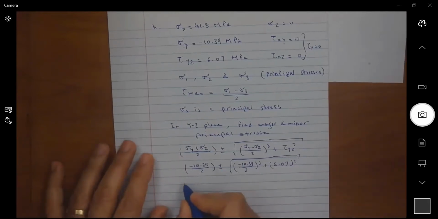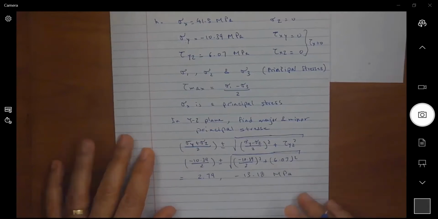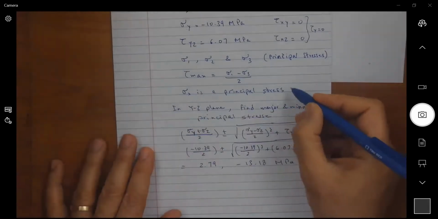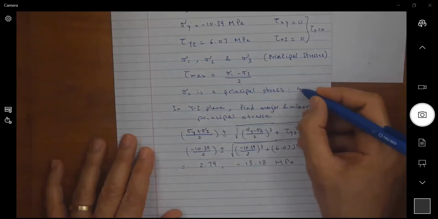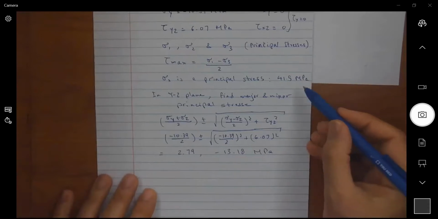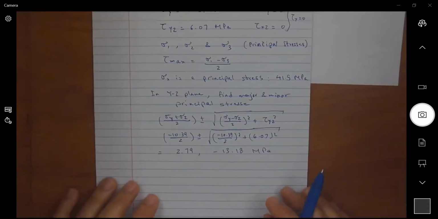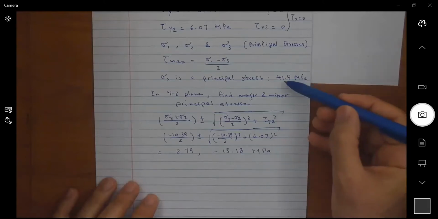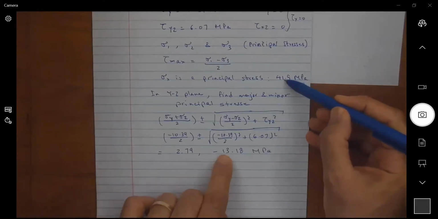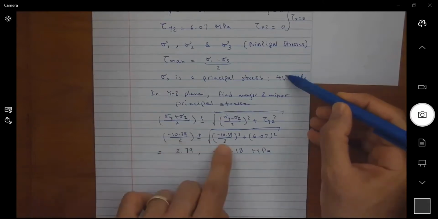When I do my numbers, this is equal to 2.79 and minus 13.18 megapascals. Now, clearly, sigma x is a principal stress and is equal to 41.5 megapascal, I have 2.79, and I have minus 13.18. So this is sigma 1, sigma 2, and sigma 3, because sigma 1 is greater than sigma 2, and sigma 2 is greater than sigma 3.